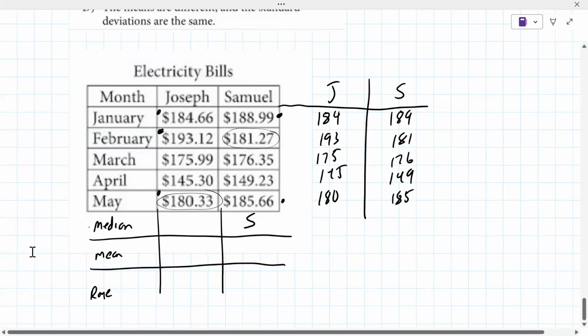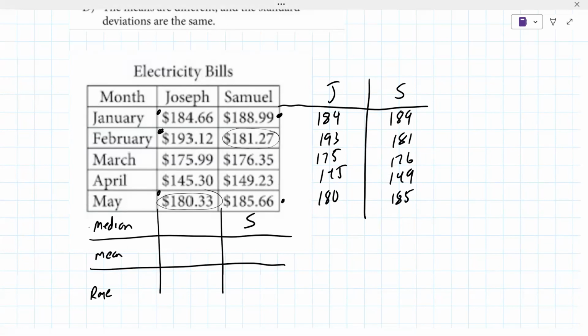Which one's got the bigger range? Joseph has a bigger range.